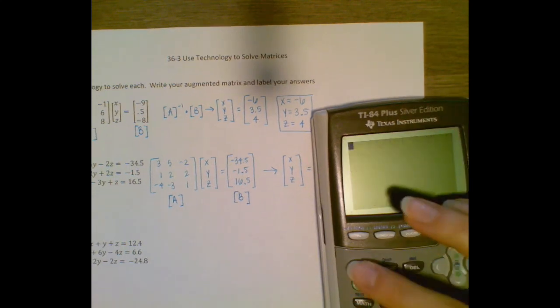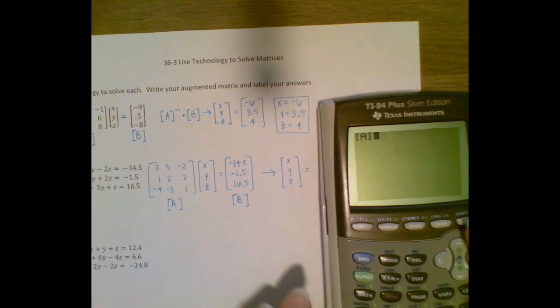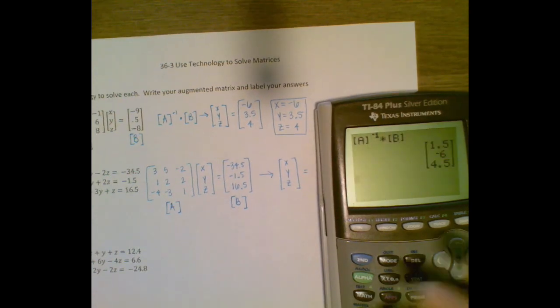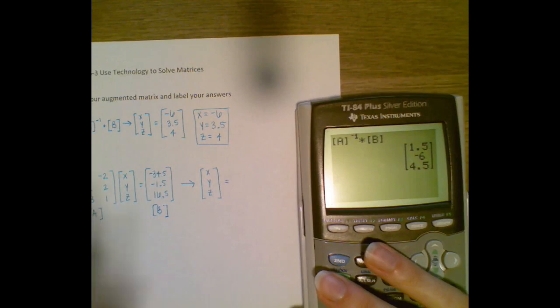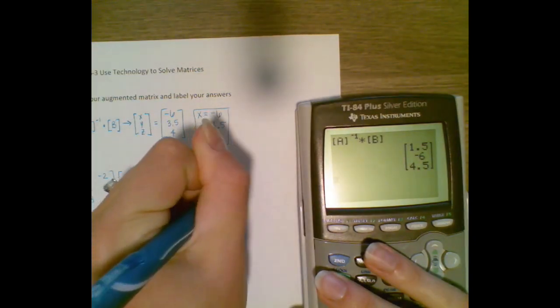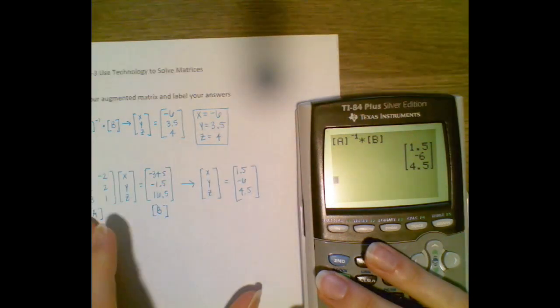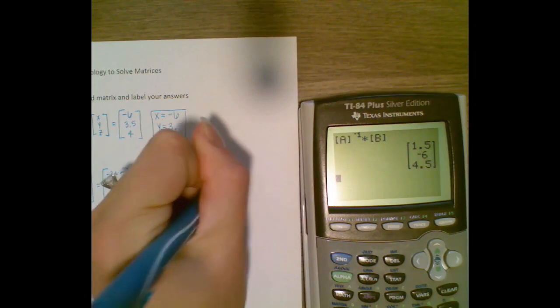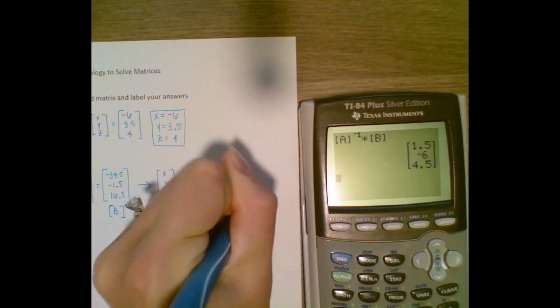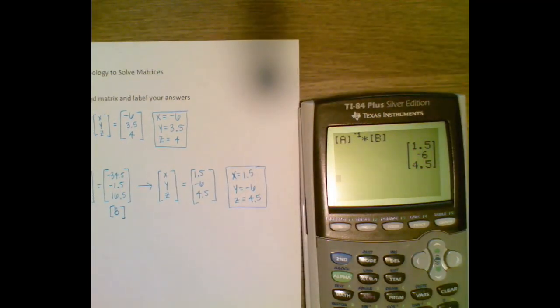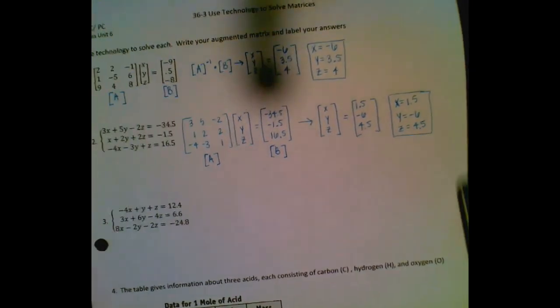Okay, all right, so second matrix, inverse of A times second matrix B. So we get 1.5, negative 6, 4.5. So X equals 1.5, Y equals negative 6, and Z equals 4.5. Done. Okay. Alrighty. Let's do one more like that.